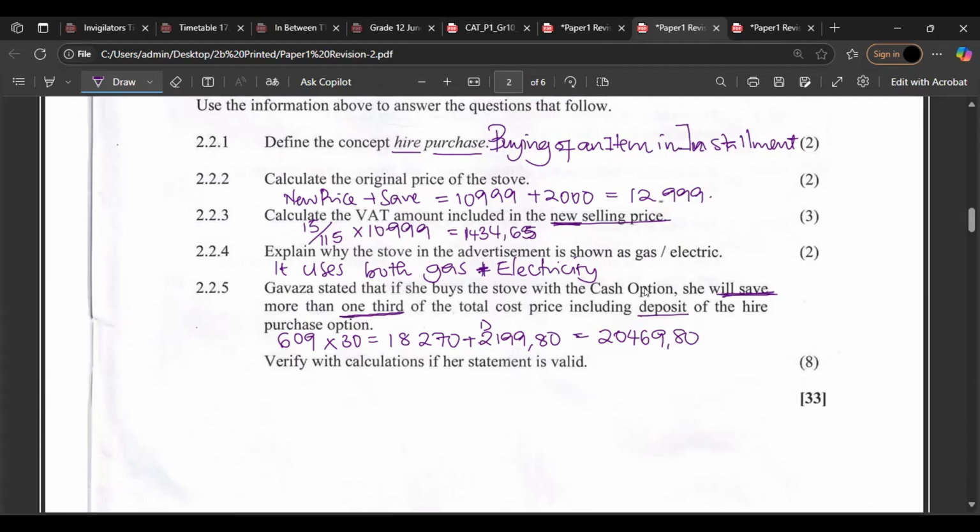So we're going to subtract hire purchase minus amount on cash. She would have saved 9,470 and 80 cents. This is for the saving. So we ask ourselves, what about 1/3 of the total cost? So 1/3 of this, how much is it? 1/3.